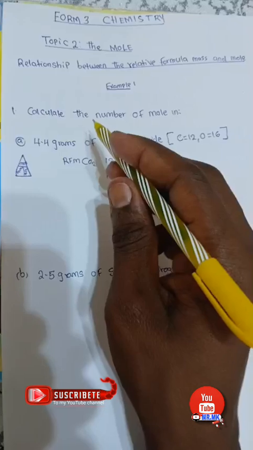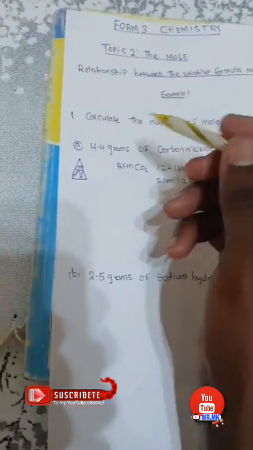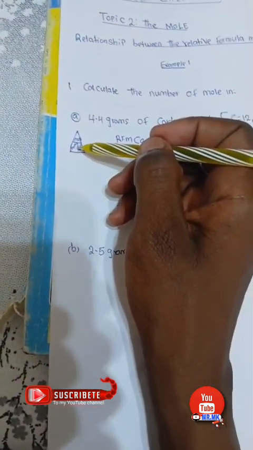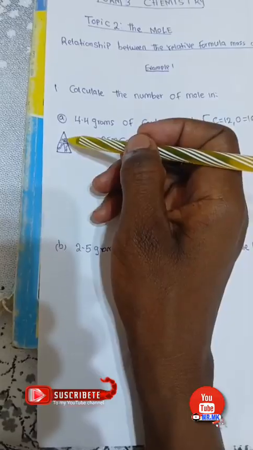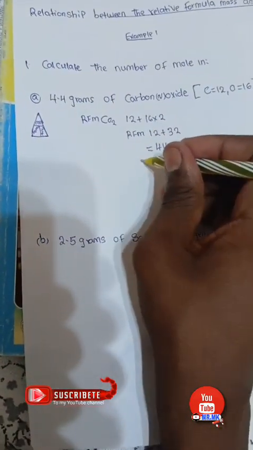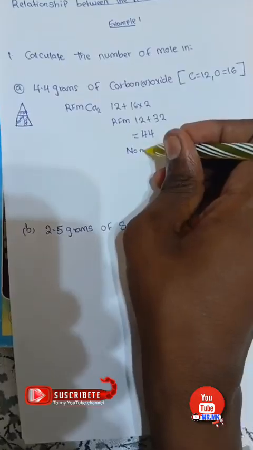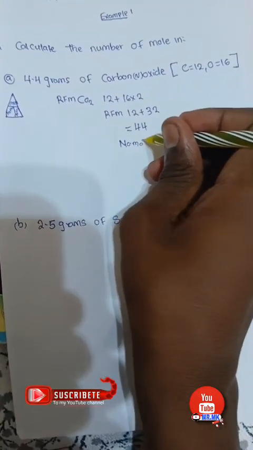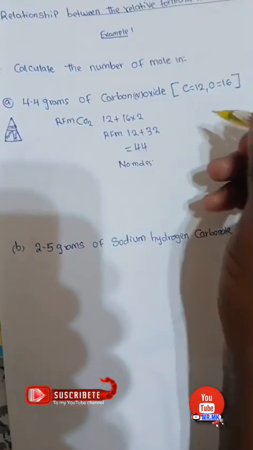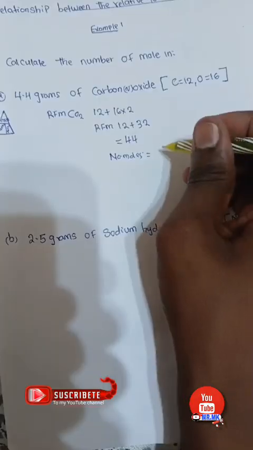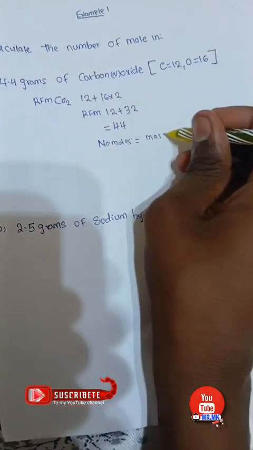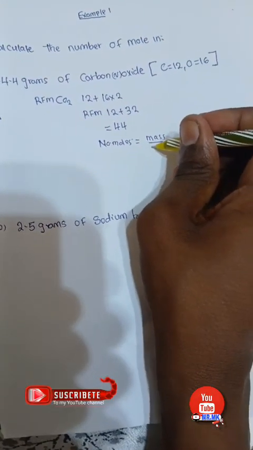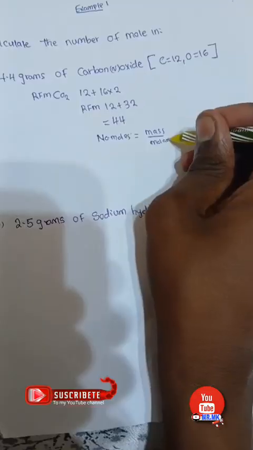Now the question says calculate the number of moles. For you to get the number of moles, it is equal to mass divided by molar mass.